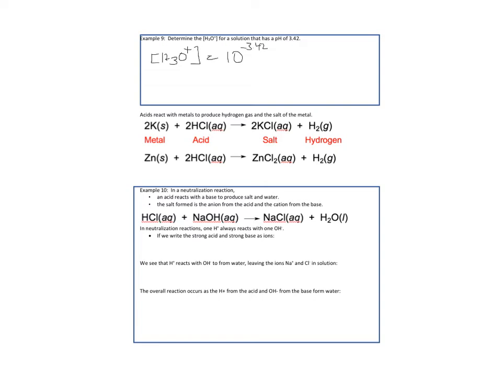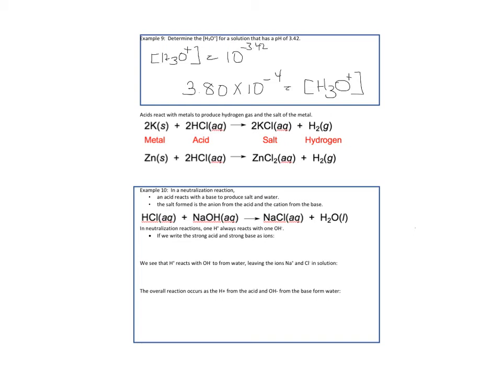Okay, when I type this into my calculator, I get 3.80 times 10 to the negative 4 as my concentration for my H3O plus. Again, if you're running into trouble with your calculator, using an older model, or maybe you're just having a hard time with it, please don't hesitate to send me an email. I'll be happy to talk to you about how to use your calculator.